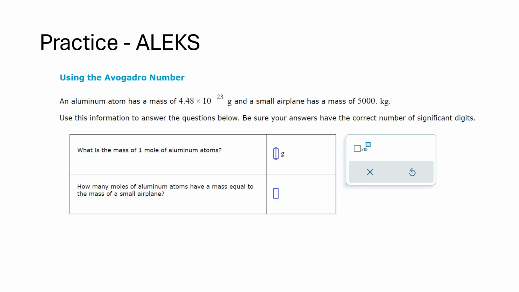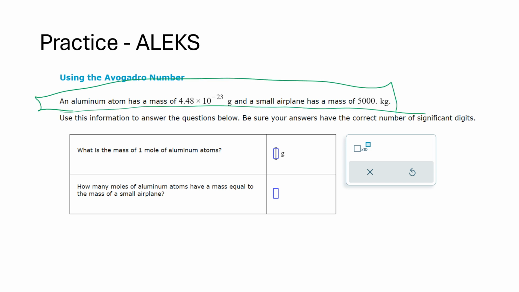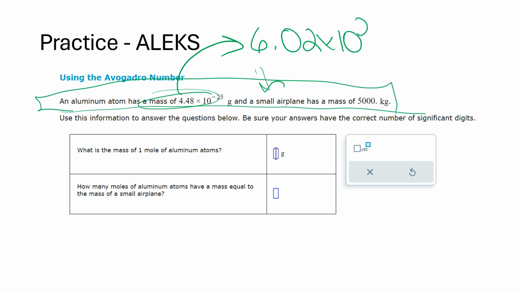So here, I might ask this slightly easier because it just sort of confuses us by saying there's a mass of a small airplane and 1 has a mass of this. However, if we multiply that number by 6.02 times 10 to the 23rd, we're going to get the molar mass of aluminum.